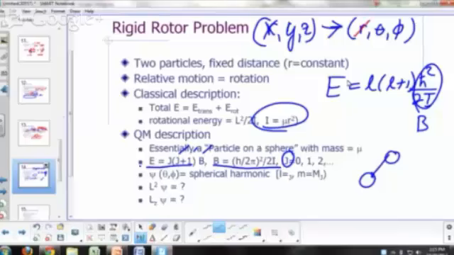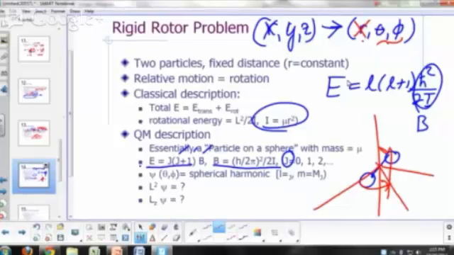R is a constant, right? So you don't need r anymore in your function. So your function will just depend on theta and phi. In fact, this is basically a particle on a sphere problem. So you just need two angles to define the relative coordinates of the two particles. So you can just define your theta and phi as the angle with respect to the z-axis and the angle with respect to the x-axis of your projection. Okay?